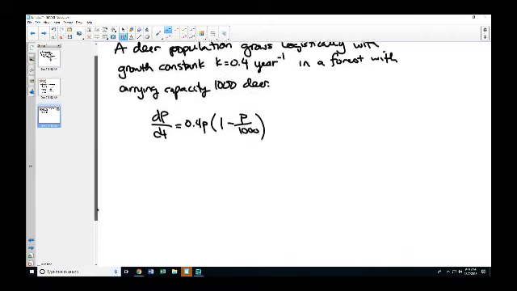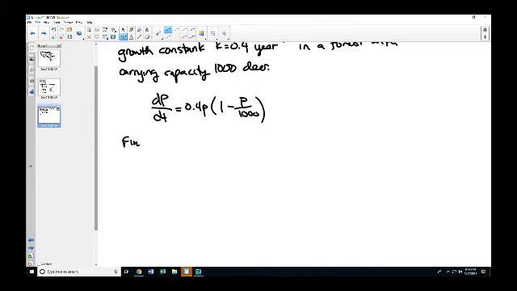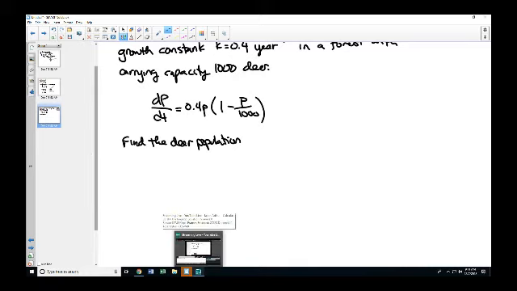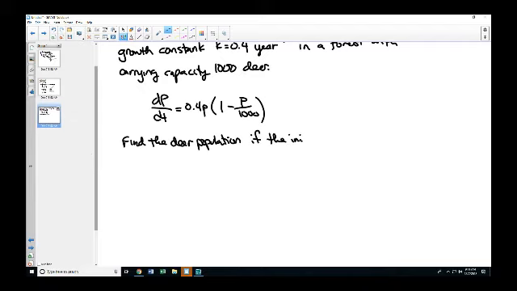Find the deer population if the initial population is 400.